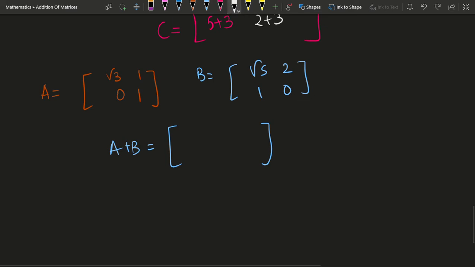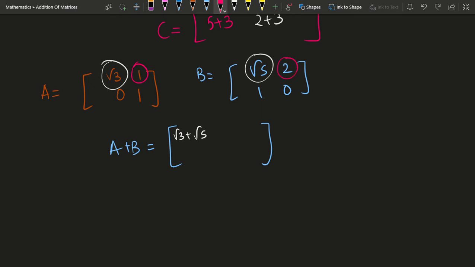For the first entry it would be root 3 plus root 5. For the second entry in the first row, 1 plus 2 will be 3. Then you have 0 and 1, so 1, and 1 plus 0, so again 1. As simple as that. You take the individual entries, you add them, and that results in the sum of two matrices.